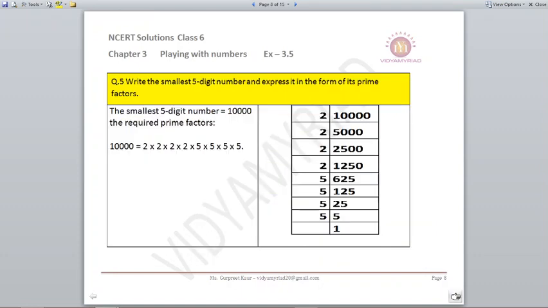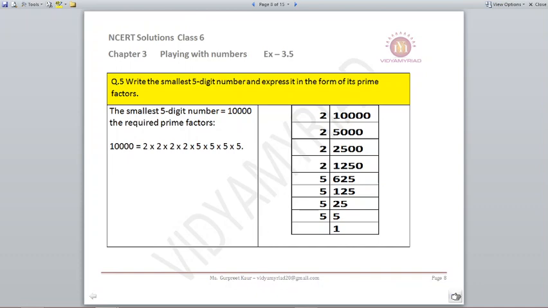Question number 5. We need to find out the smallest 5-digit number and express it in the prime factors. The smallest 5-digit number is 1 and 4 zeros. It's an even number. You will start with 2, keep going, and then you will see that it will go on 5. You have to just divide every time with the prime numbers. What are prime numbers?